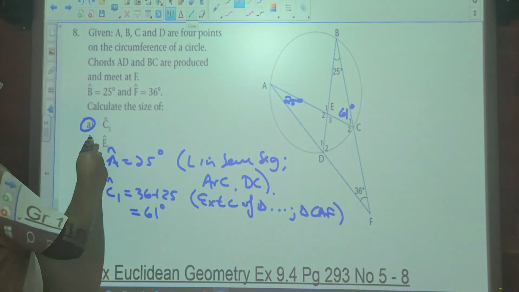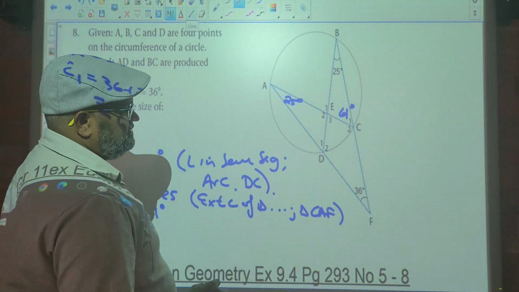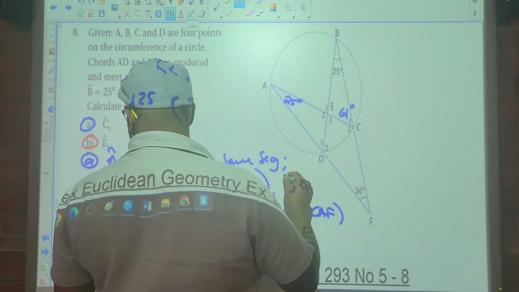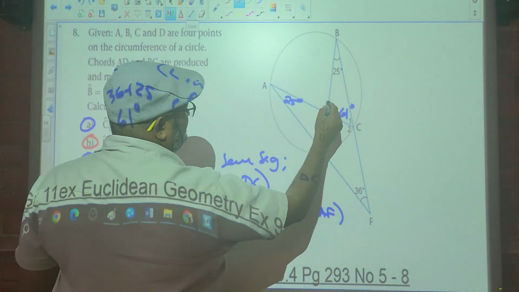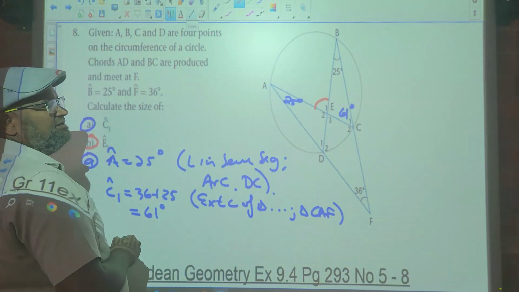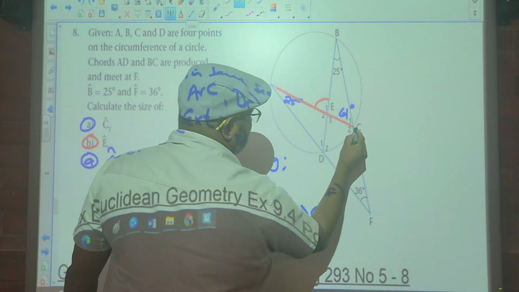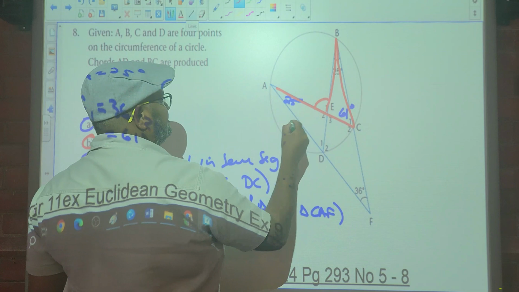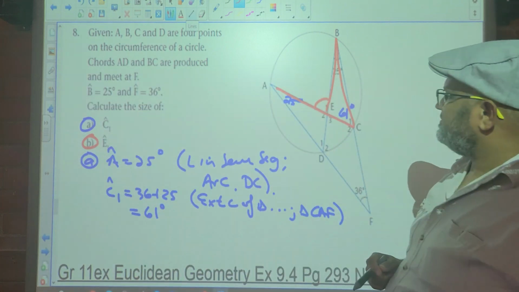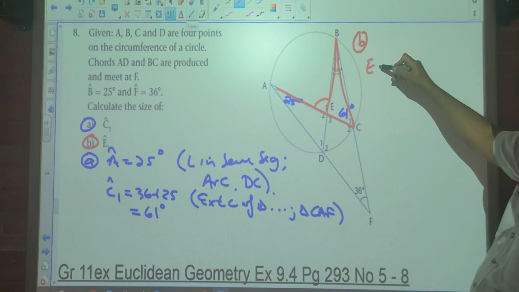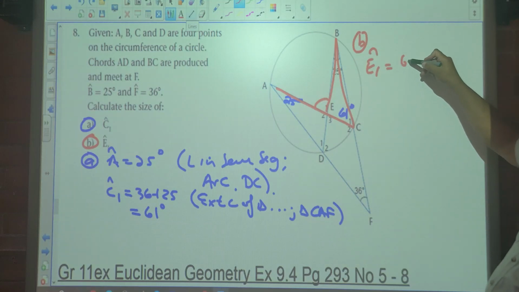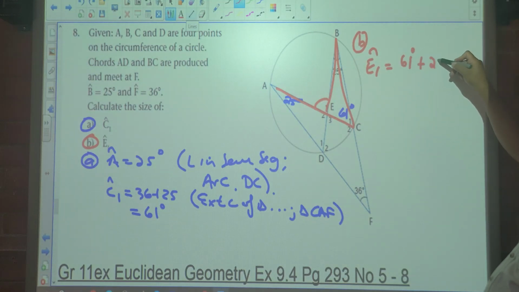Then I want you to calculate angle E. So where's angle E? Sorry, E1. Okay? E1 is this angle here. Again, that's an exterior angle of that triangle, not so? So you write E1 is equal to 61 plus 25 degrees.